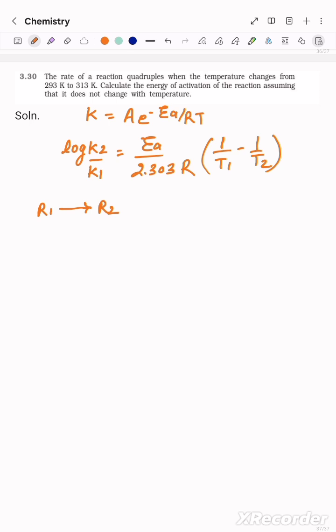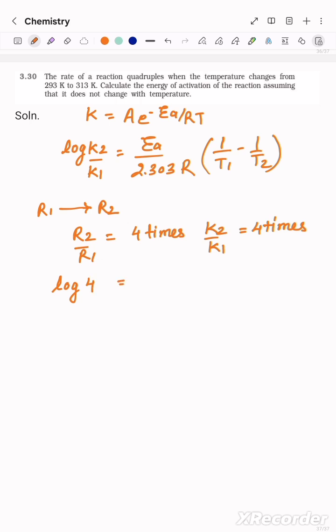So we can write R2 by R1 is equal to 4, or we can also write k2 by k1, increases by 4 times. So here we put the value, k2 by k1 as 4.